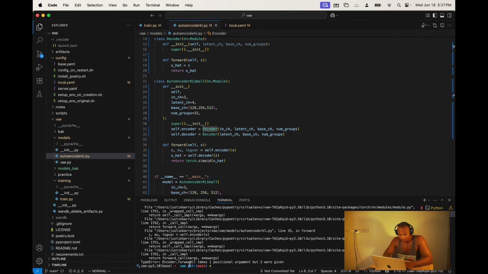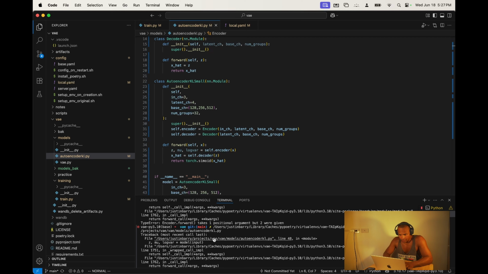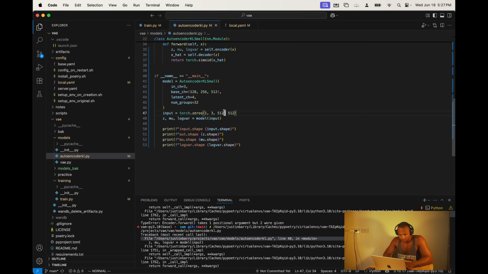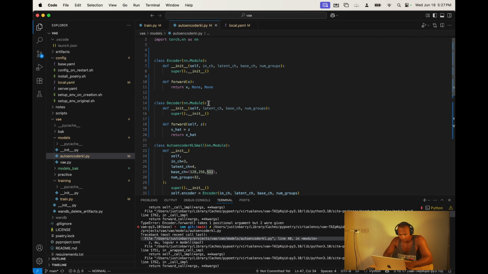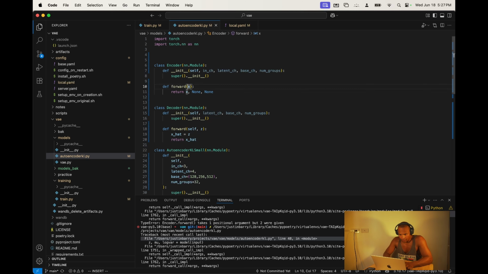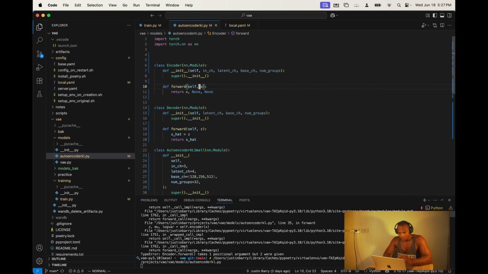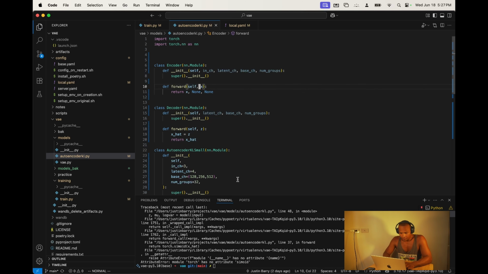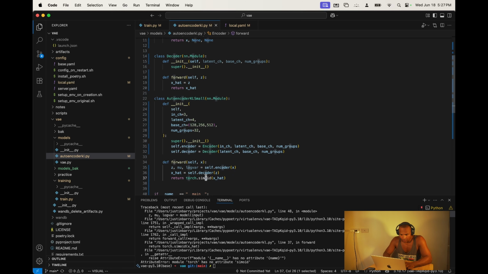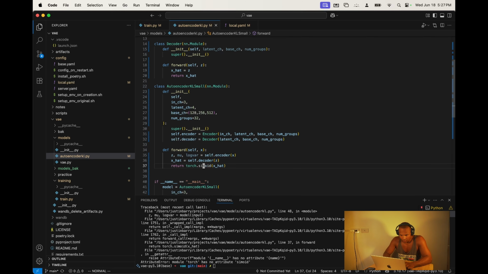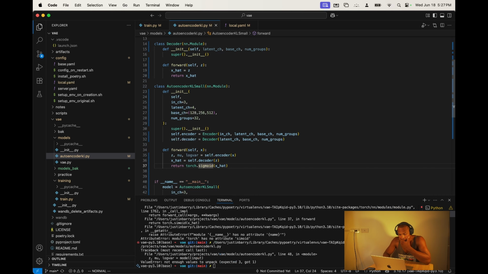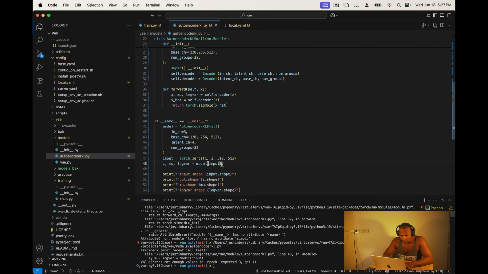It takes one positional argument, two are given. Expected 3, but got 1.